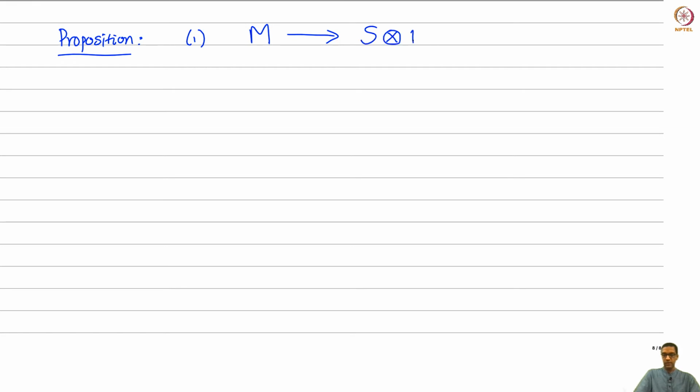Number one, there is a natural map from M to this new module. Remember, there is a multiplicative identity in my ring S, so I can map each element m of M to one tensor m, that particular element of S tensor M. Now the point is that this map, what sort of map is this? This is an R linear map.